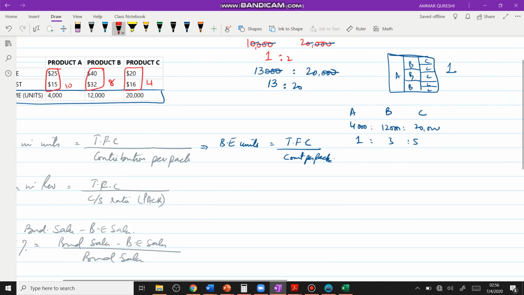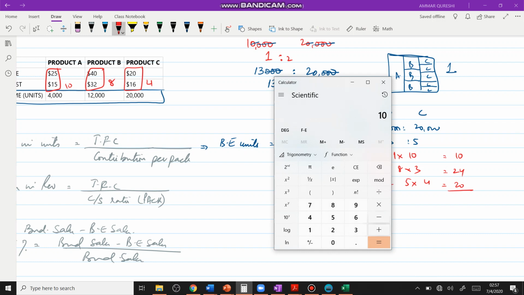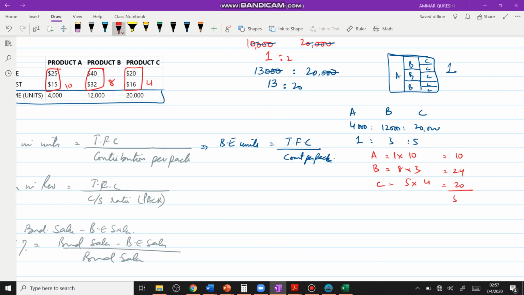So if you have one packet, then A will be 1 times 10, B will be 8 times 3, and C will be 5 times 4. So this will be 10, this will be 24, and this will be 20. So altogether, 10 plus 24 plus 20 makes 54, right?